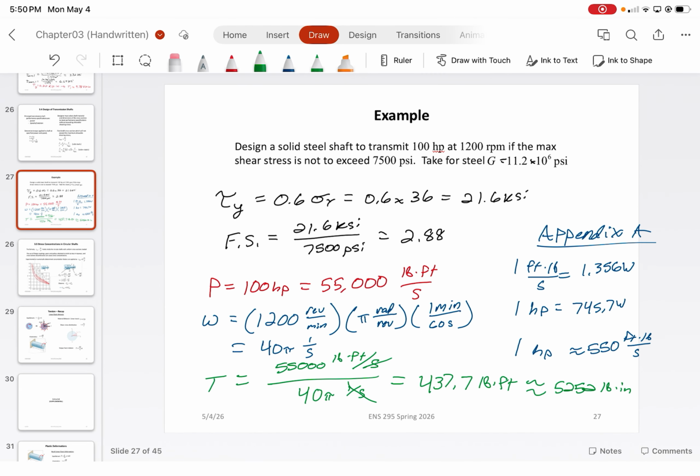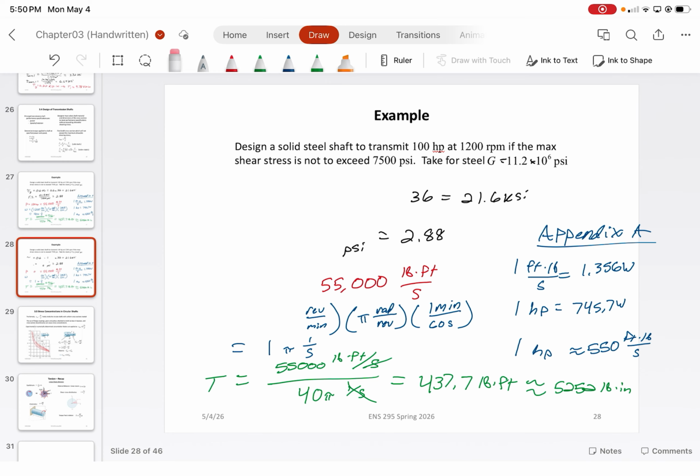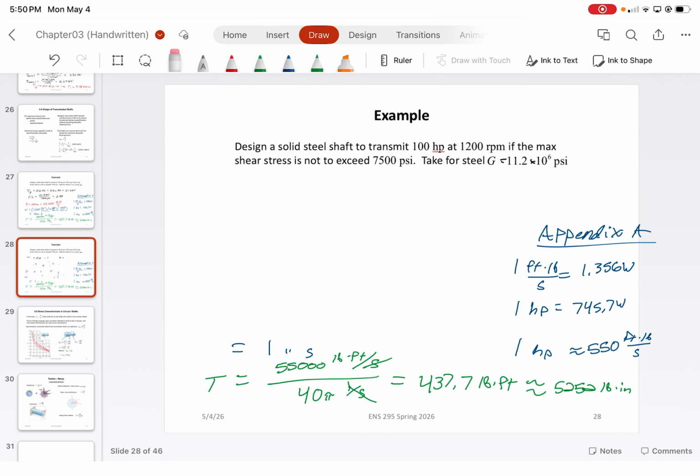All right. And then from there, it's just smooth sailing because now we've determined the torque that we need to design the shaft for. We can use all of our equations from before, which would be tau max is equal to TR over J, and that has to be less than tau allow.